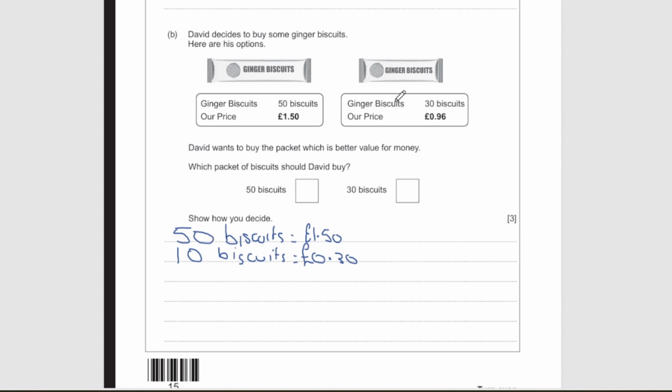And then we've got 30 biscuits is 96p. I'll write that here, look. 30 biscuits is 96p, 0.96. So 10 biscuits need to divide by 3. In fact, I'll write that on just to show you. So we divide by 5.